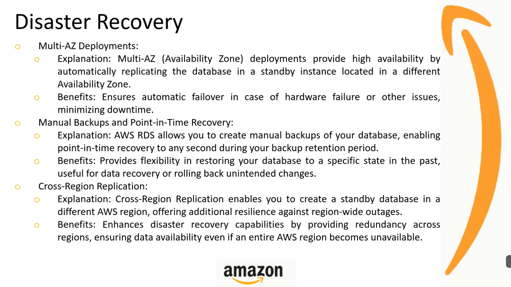So what is the benefit? Ensure automatic failover in case of hardware failure or other issue, minimizing the downtime. Suppose in availability zone A our RDS is present, and the second replica is present in availability zone B, right?